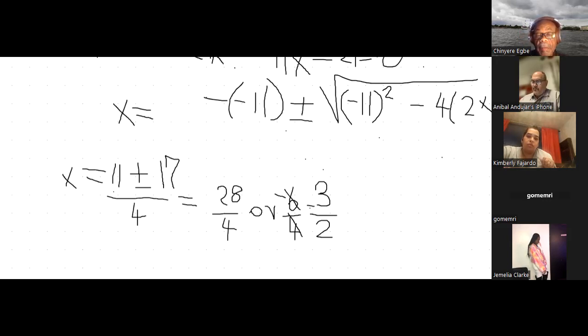But factorization will just not work because you will not be able to get the exact factors, because the decimal places are infinite. So you will not be able to get a clean factor like -3 over 2 or 28 over 4, which is 7.